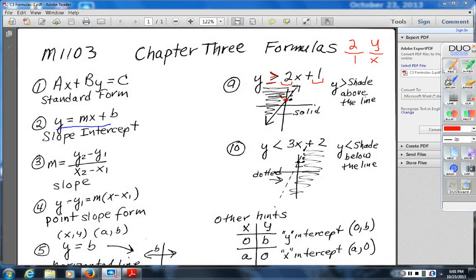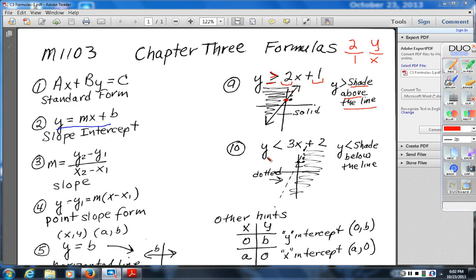You pour it right over there and it fills it out. Okay? But this line is solid. Why? Because it's greater than or equal to. And then I have here over on the side, anytime that a positive y is greater than something, you are going to shade above the line, like I have illustrated here. So again, solid line, shade above.